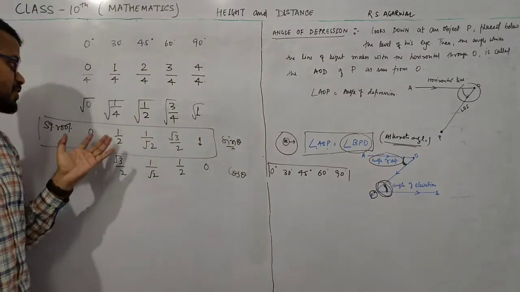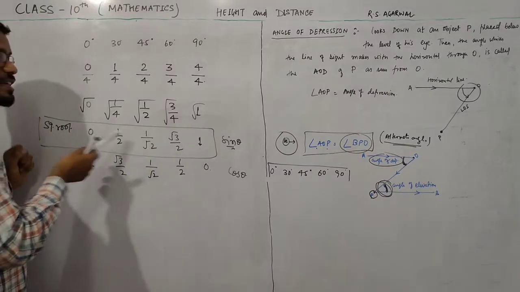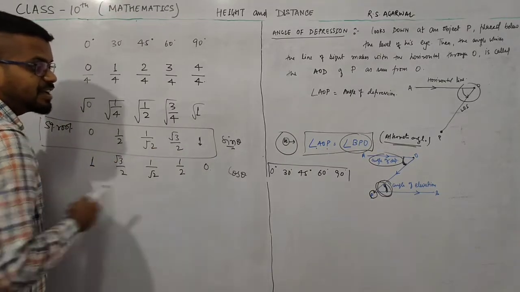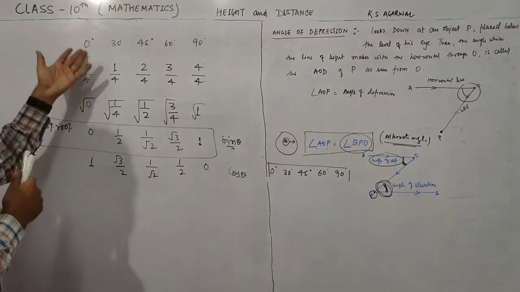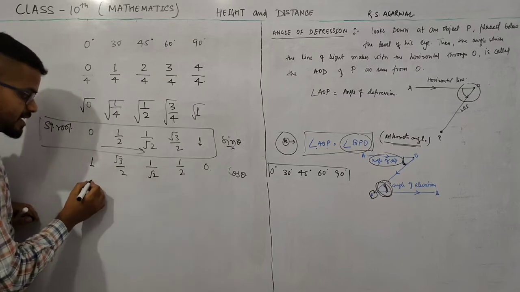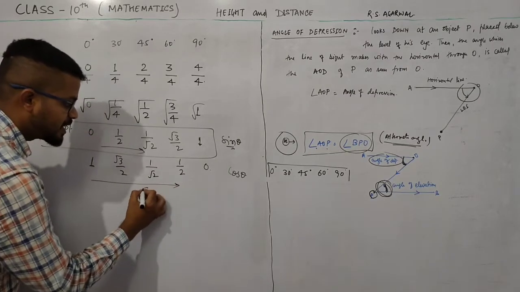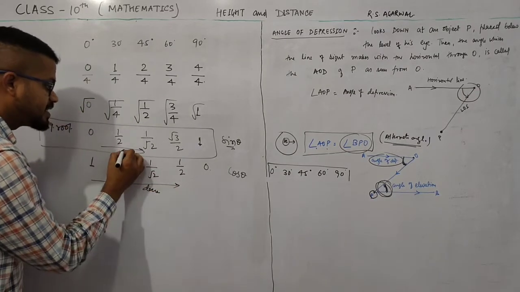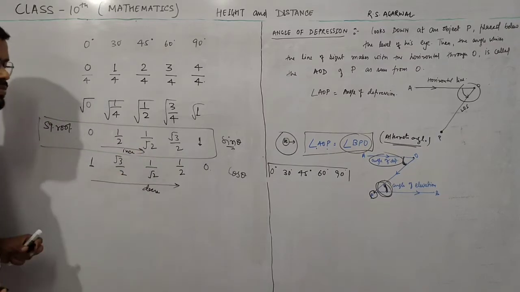Just reverse the values of sine theta and you easily get the values of cos theta. In sine theta the values are in increasing order, but in cos theta the values are in decreasing order.